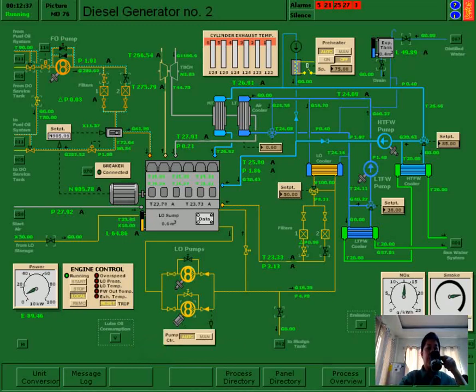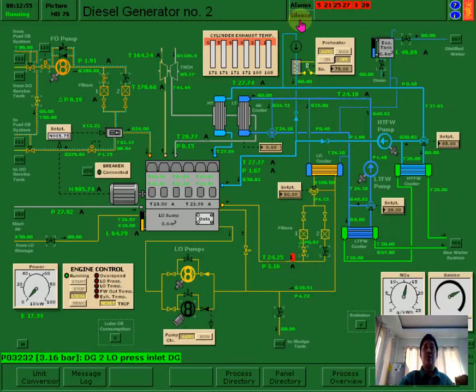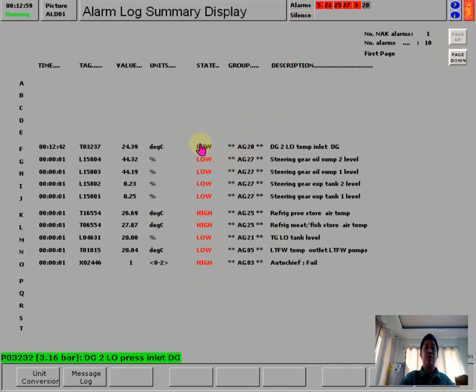Let us wait until the parameters are normal. You have the alarm. Just click silence. This is normal because we just started. And then acknowledge the alarm. Silence.